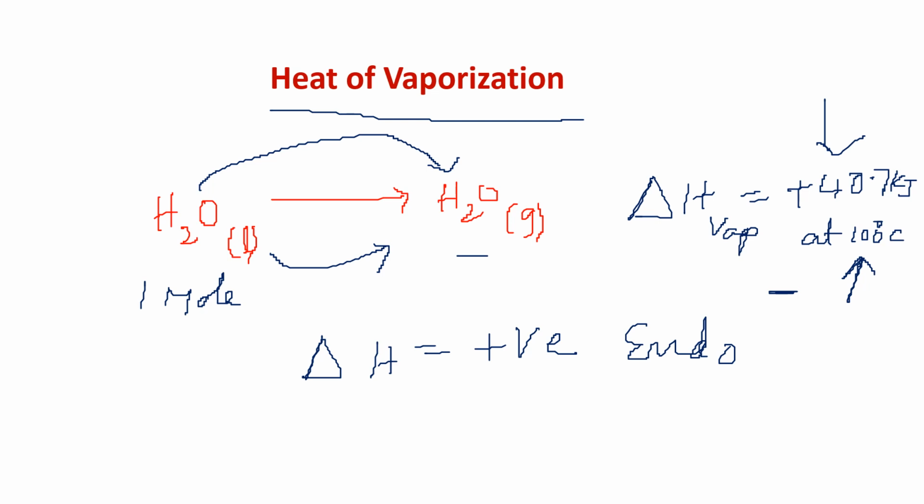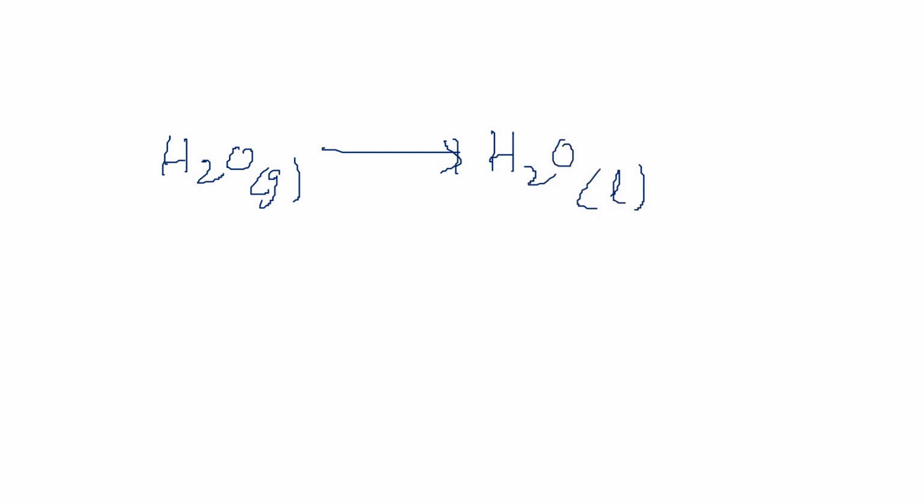So here suppose water that is in the form of gas, vapor, is converted into H2O liquid form. The same amount of heat is involved, so delta H is equal to minus 40.7 kilojoules per mole at 100 degrees centigrade.